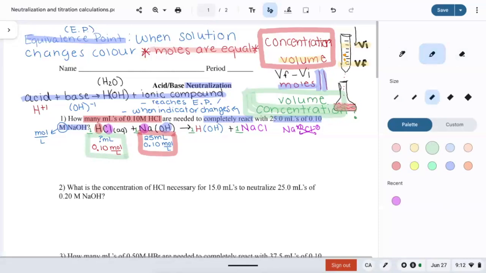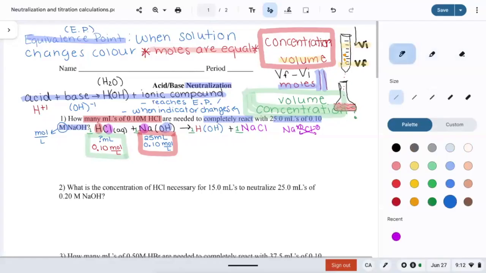And the link between the two is this idea of the equivalence point. So if we can find the moles of this, then the moles of this will also be the same. That's the beauty of a titration.